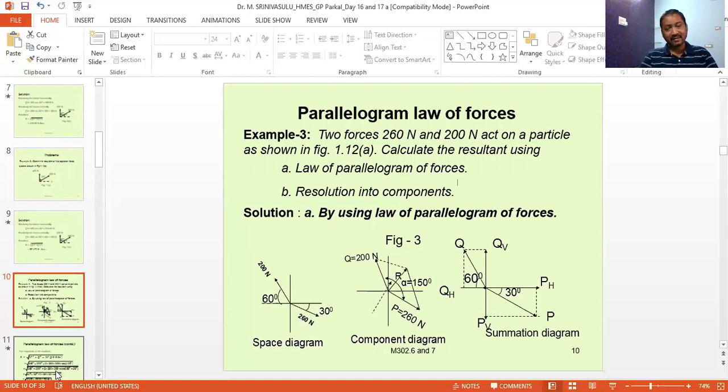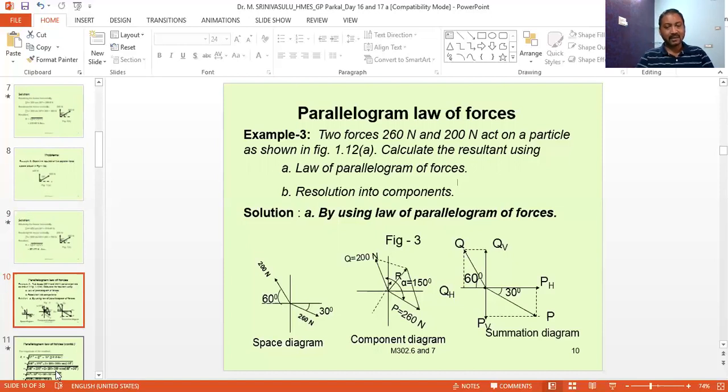So once again, here we must note one of the important points: in case of the method of resolution of forces, the angles made by the forces must be only from the x-axis taken into consideration.